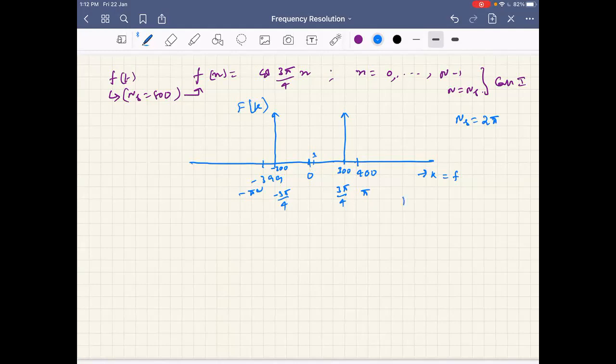Say if I have the peak at k naught equal to 300, it is also equal to f naught. This happened because delta f is equal to 1 in the k axis, 1 unit in the k axis.